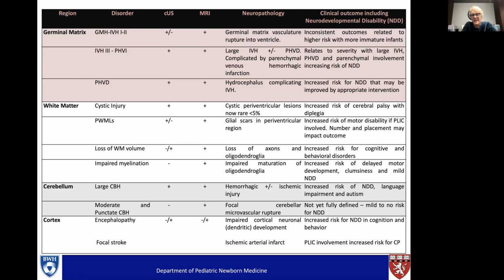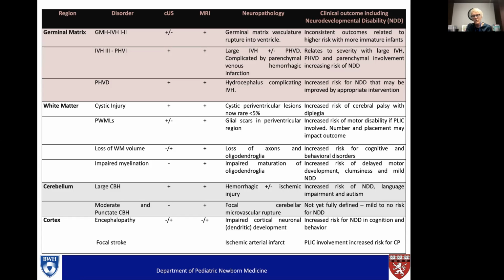And in all of these cases, the white matter injury has been associated with an increased risk of neurodevelopmental disability. The same is true for the cerebellum, where large hemorrhages can be detected by ultrasound, but it can be challenging. And certainly they are strongly associated with adverse outcome. But milder, smaller punctate type lesions aren't.